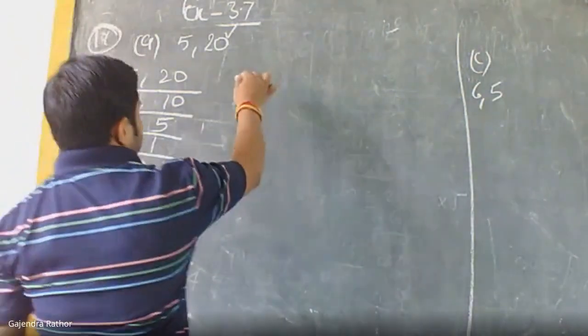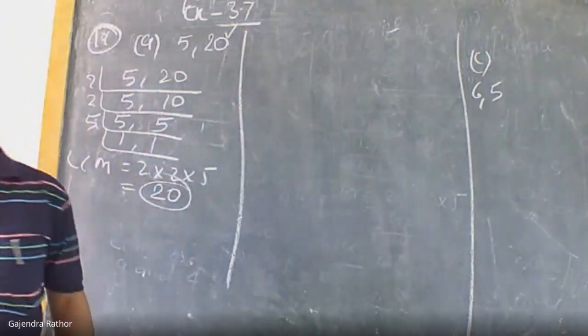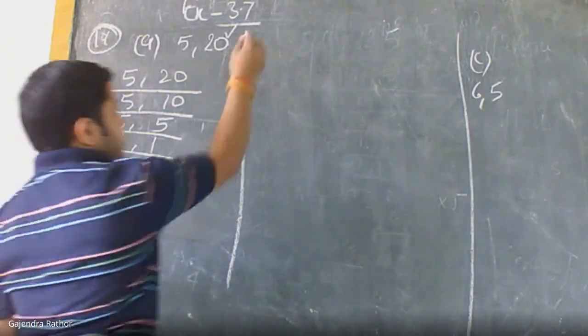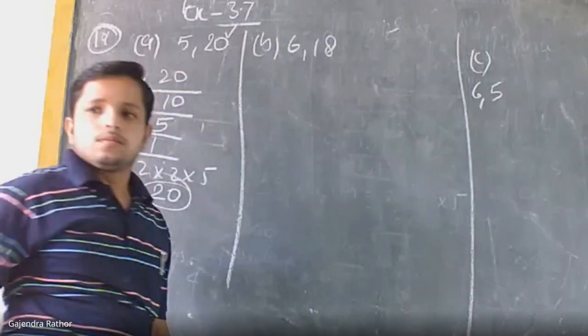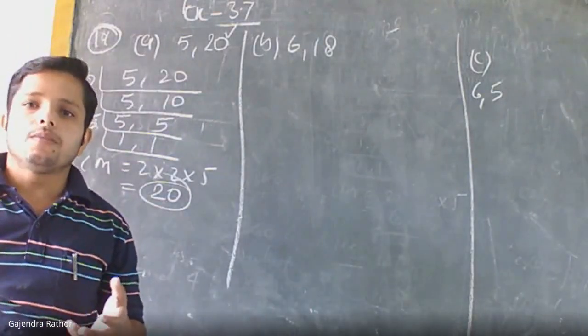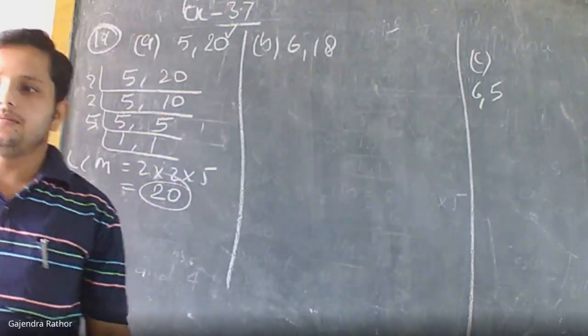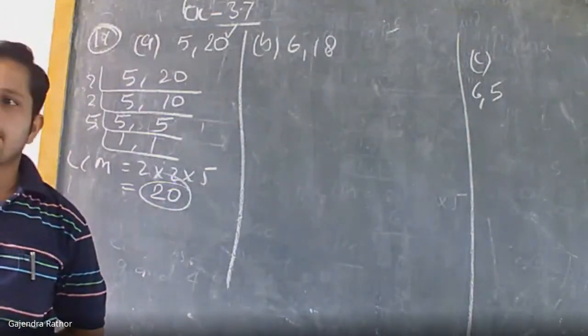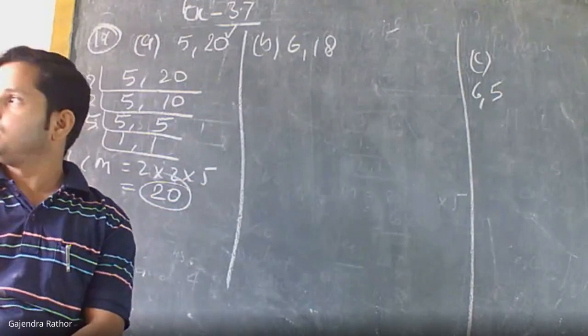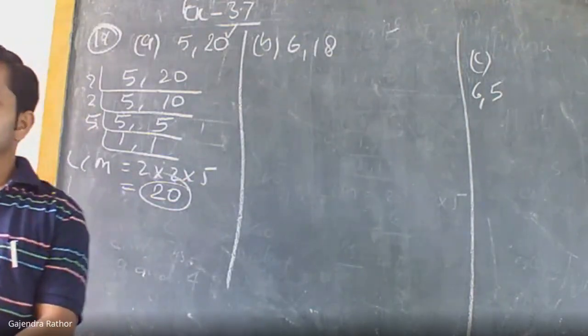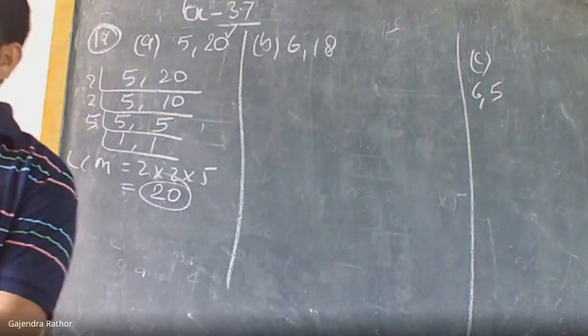Let's see the second point. The next point is 6 and 18. Can anybody predict what will be the LCM of 6 and 18? Anybody?